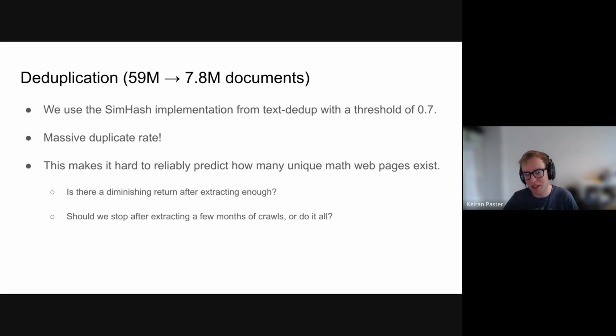We went through and inspected, and it seems like these documents really are duplicates. One thing from development that I thought was pretty interesting is that this massive duplicate rate makes it hard to reliably predict how many unique math documents exist in Common Crawl.